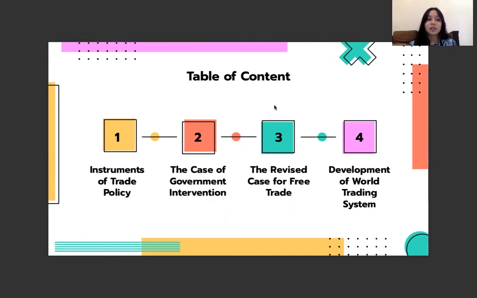In the third section, we will discuss the revised case for free trade. Then we will look at the emergence of the modern international trading system. And in the final section, we will discuss the implications of this material for management practice.